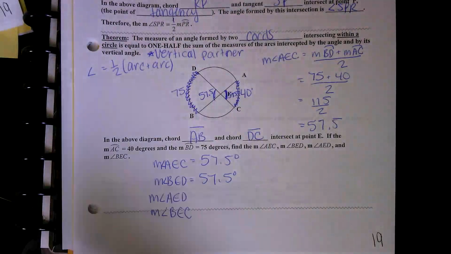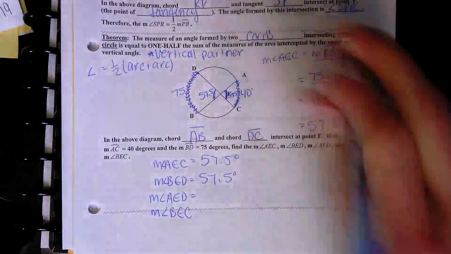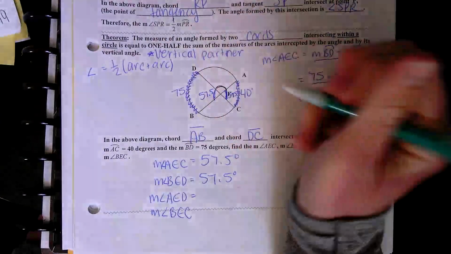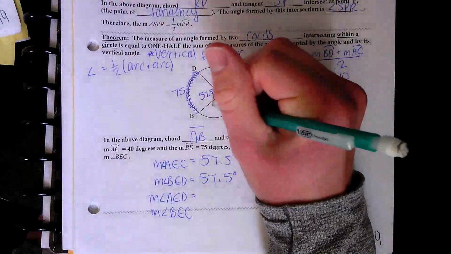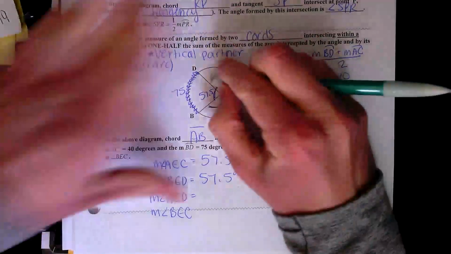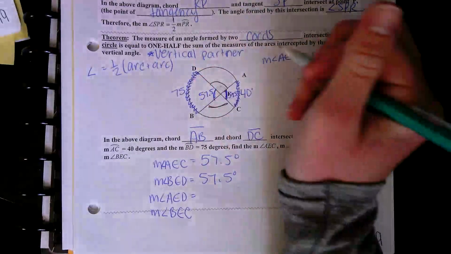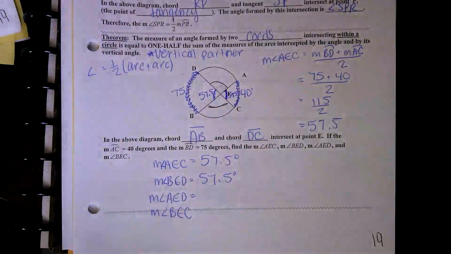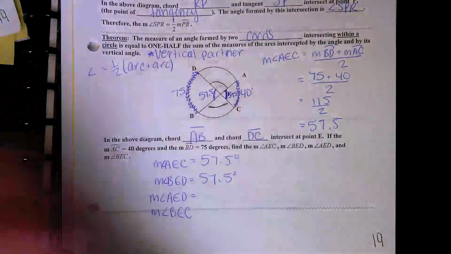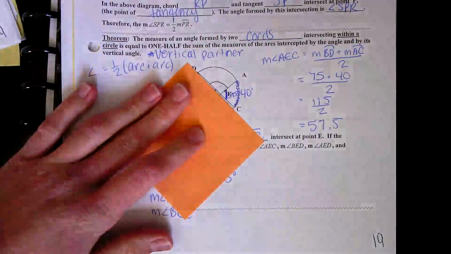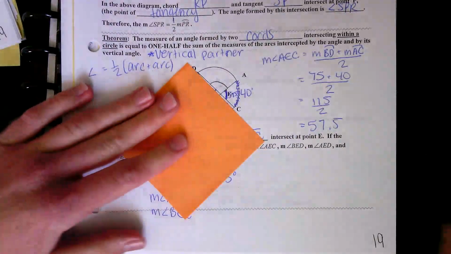And we want to find AED. So this is AED. AED and BEC, this one and this one, are vertical angles, so they're also congruent. Now we don't know the measure of their arcs, but we do know that these two angles are supplementary. They add up to 180 because they form a straight line.